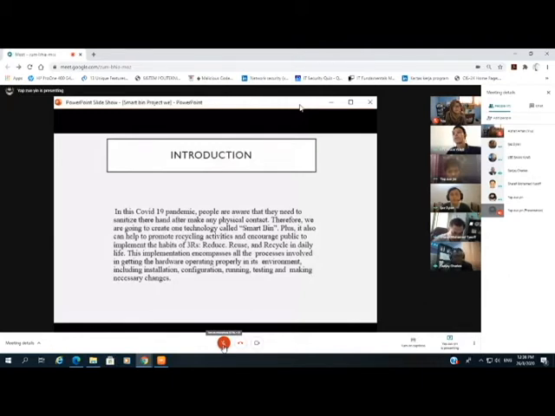So mungkin kalau tengok di introduction this one, you are focusing more to recycling activities dan juga encouraging public to implement the habit of reduce, reuse, and recycle. Okay, so try to think dalam 3R itu which part yang dia related dengan COVID-19 pandemic. Of course, in terms of safety, in terms of hygiene.